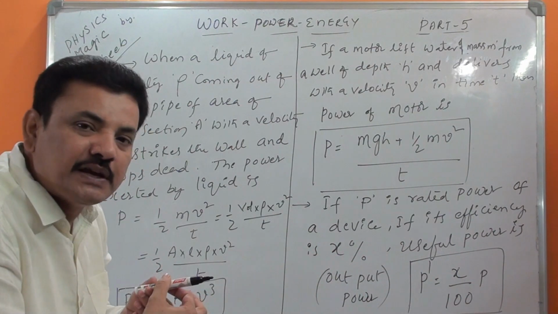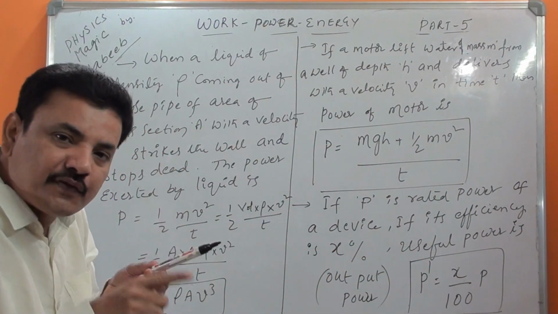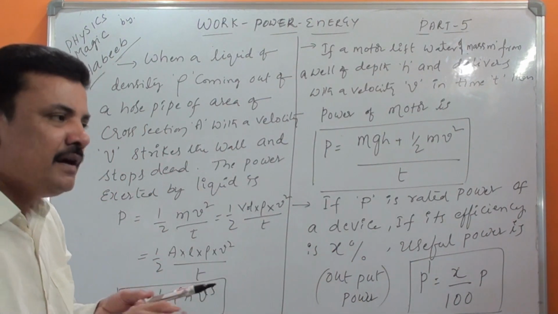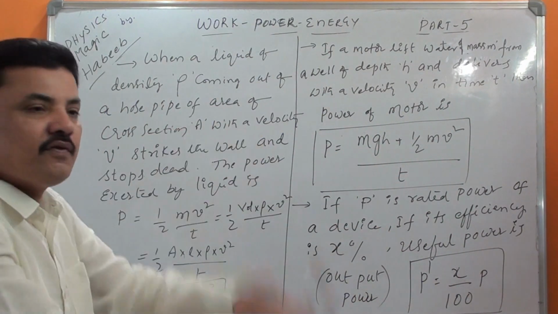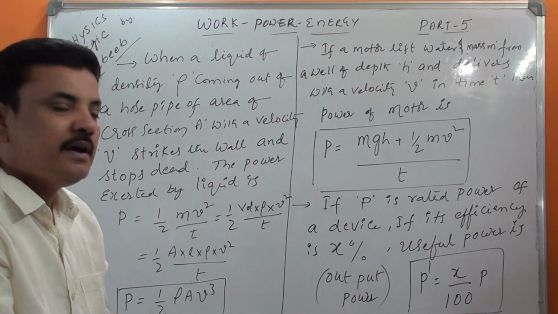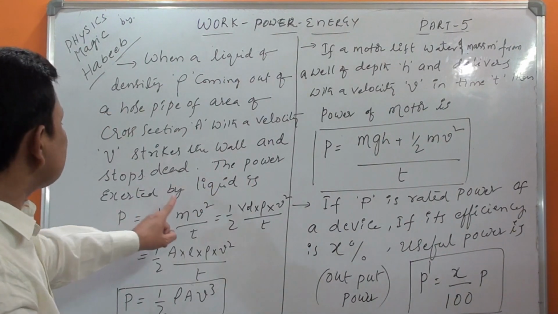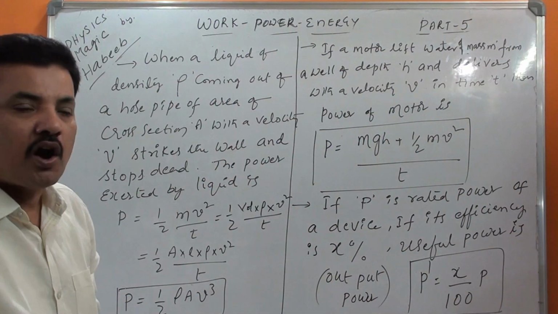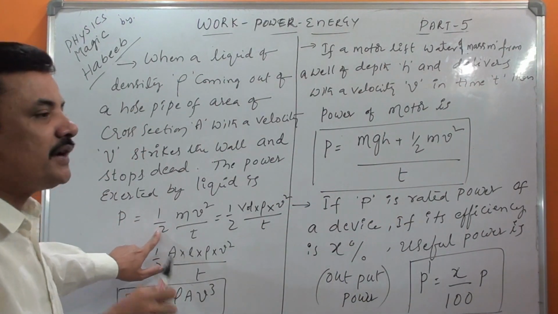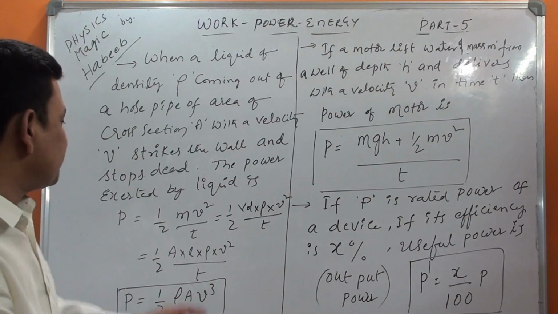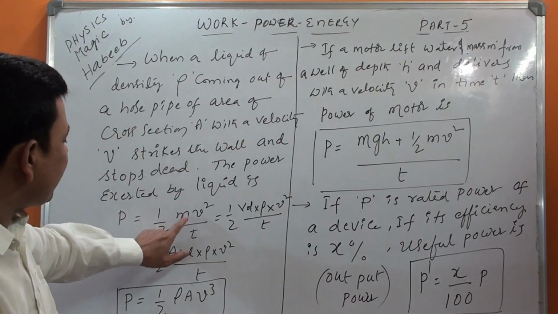The density of the liquid is given, the area of cross section of the pipe is given, and it hits the wall and stops dead, meaning it falls down. So how much power is the liquid exerting? To find that, the total work will be kinetic energy only, so half mv square by t.